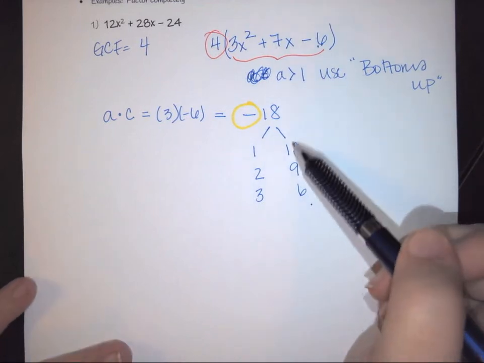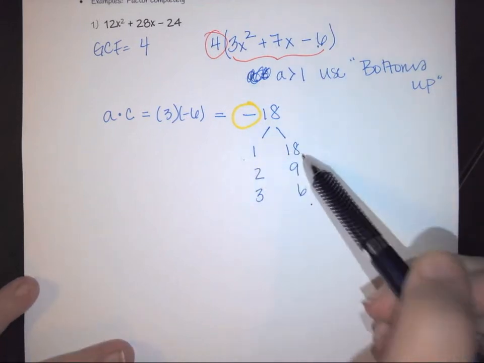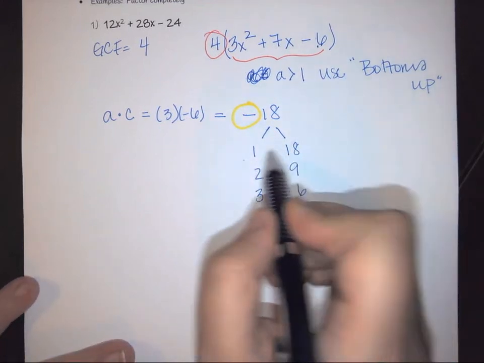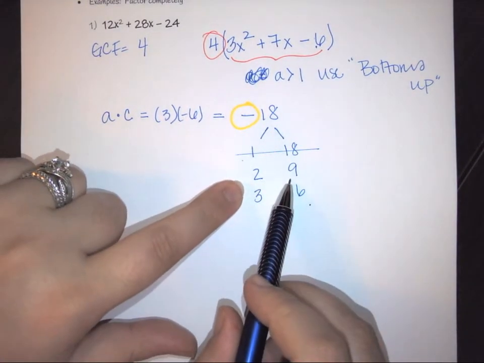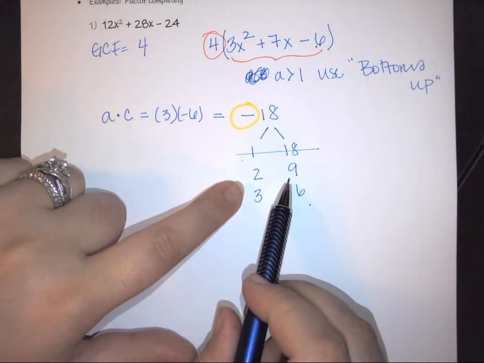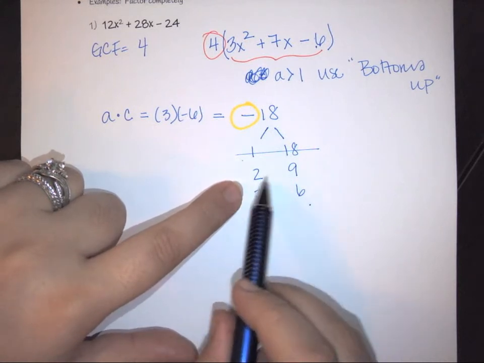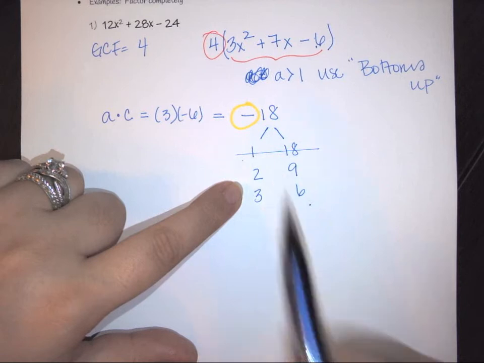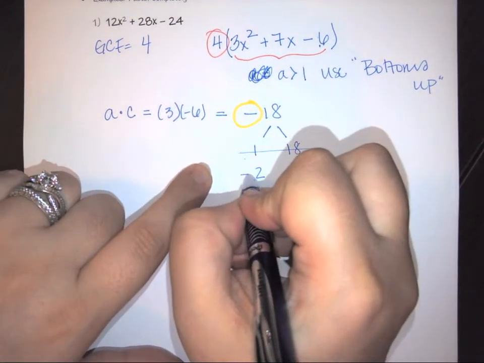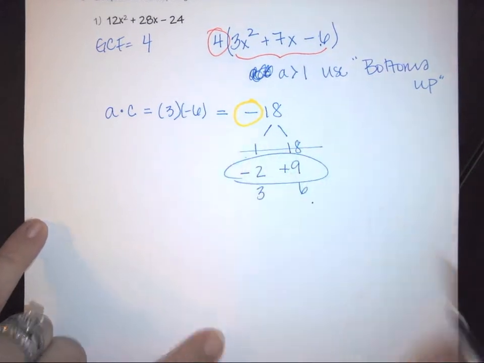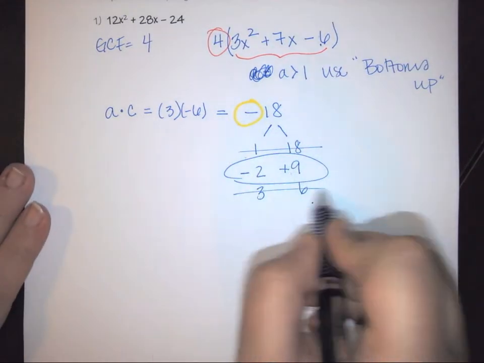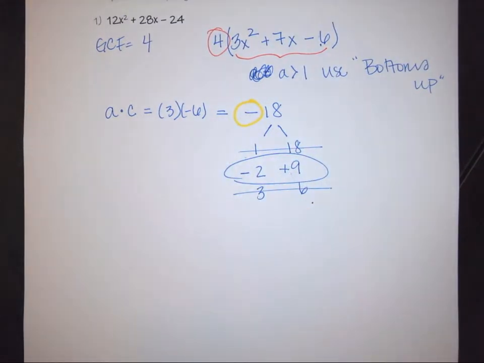So if I'm looking at 1 and 18, no matter how we shake it, it is not going to work. So you could cross that off your list. Now if we look at 2 and 9, I need to have a positive 7. So if I make 2 negative and my 9 positive, notice I get 7 as a result. So this is going to be the pair that I want to use, which means 3 and 6 don't work.